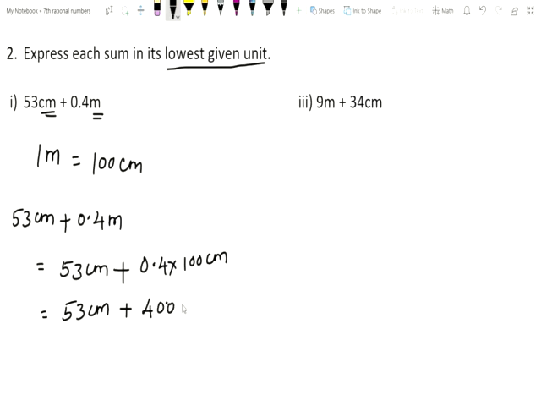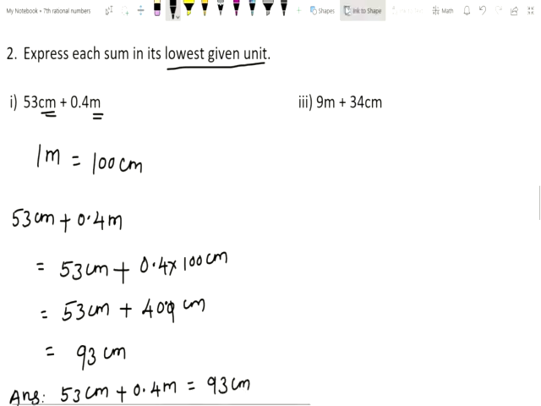Here you just keep the decimal. The 0 will be eliminated because one decimal is there. So 53 plus 40, what you will get, children? 93 centimeter. The decimal is there, we cancel this. So what is the answer? 53 centimeter plus 0.4 meter equal to 93 centimeter. You understand, children?